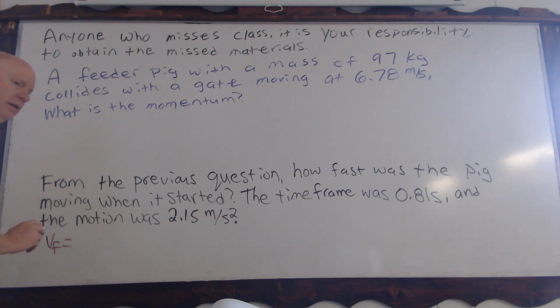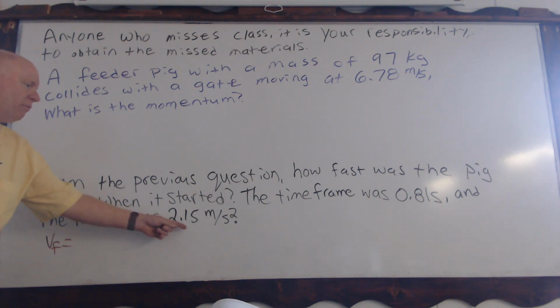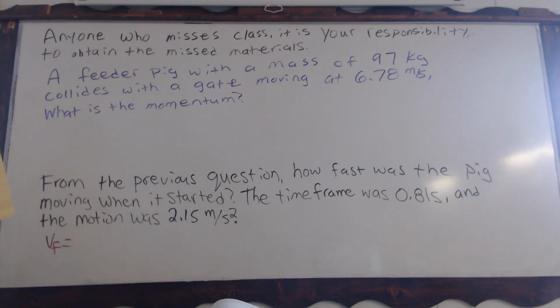Okay? Is there a potential problem with that? When we look at our label, is there something wrong with that? Yes, there is. What is a possible problem with the way that this number is labeled? Why is that important? That's an acceleration. That's right.